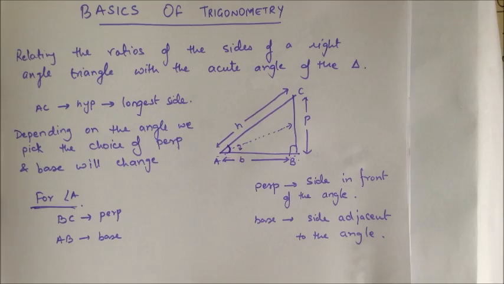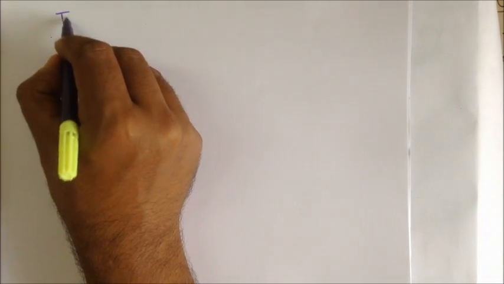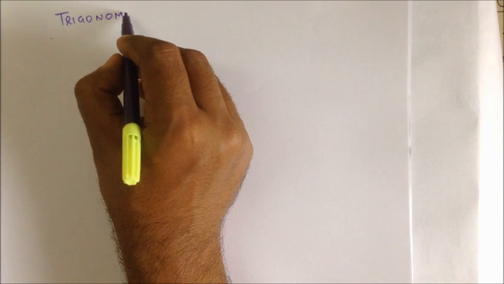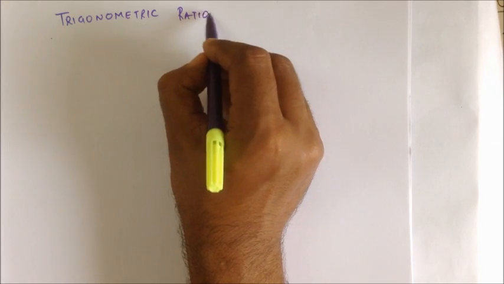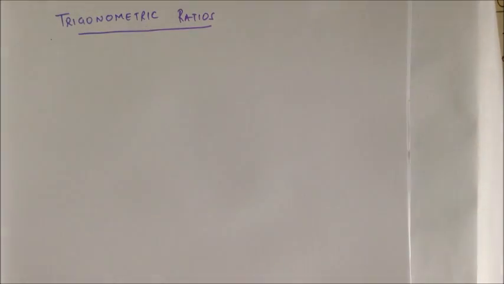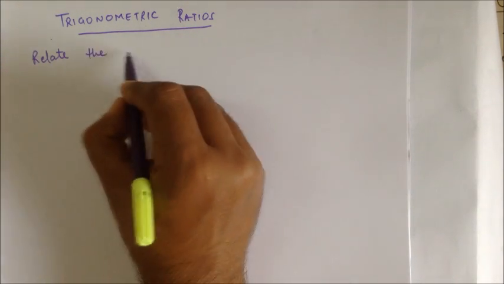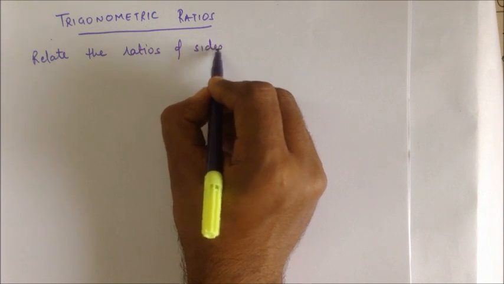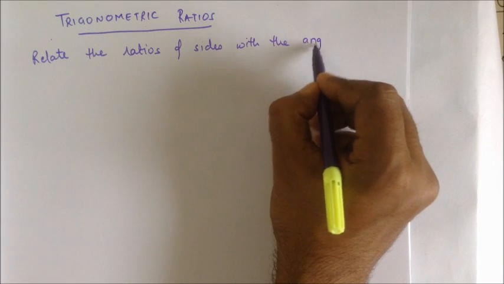We move forward to the next topic, which is the topic of trigonometric ratios. Now, trigonometric ratios would be the heading where we'll discuss how we can relate the ratios of sides with the angles.